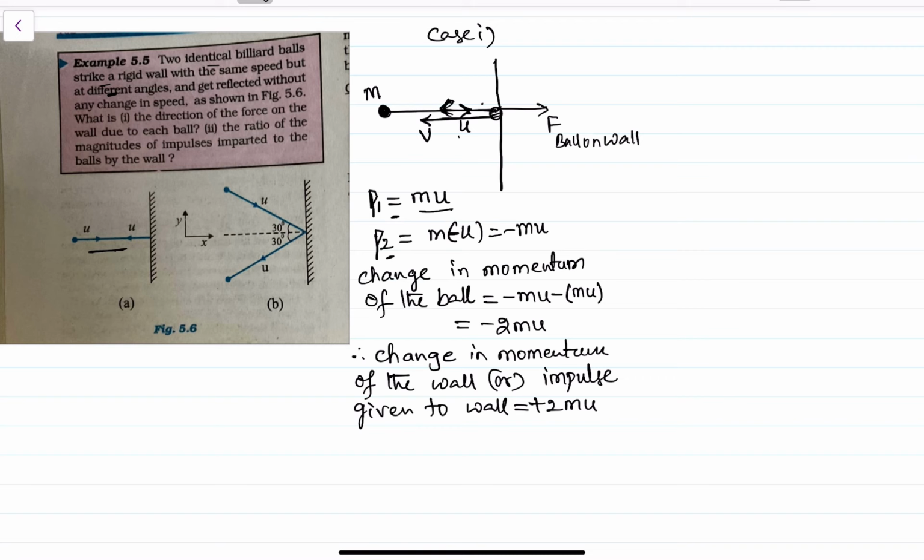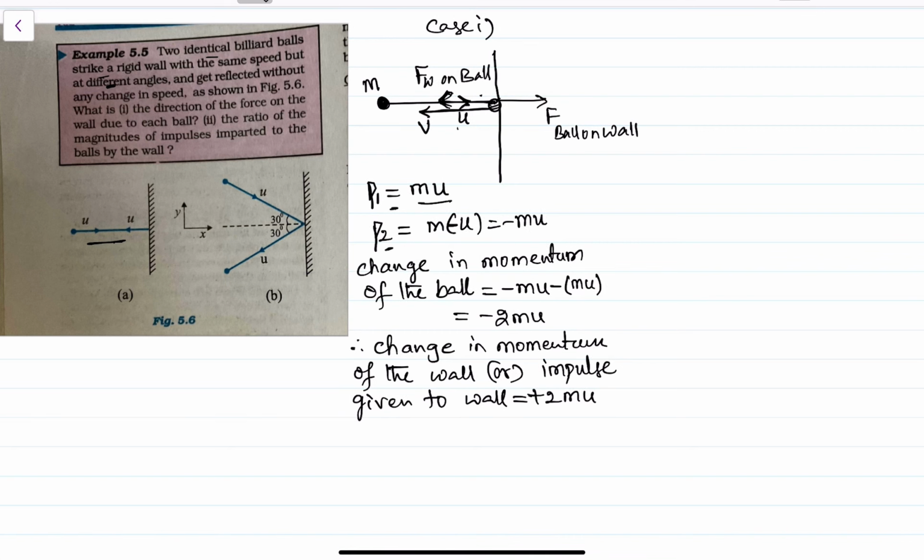From Newton's third law of motion, the wall also exerts an equal and opposite force on the ball. This is the force exerted by the wall on the ball. Because of the force exerted by the wall on the ball, the momentum of the ball changes, and it is equal to minus 2mu. So the change in momentum, which is the impulse given to the ball, is minus 2mu. So the impulse given to the wall will be plus 2mu. We know impulse is F delta T, which is equal to plus 2mu. So the impulse on the wall is equal to plus 2mu.